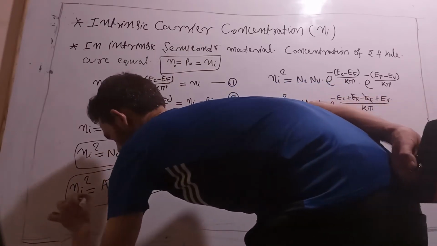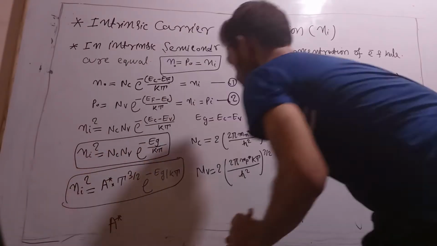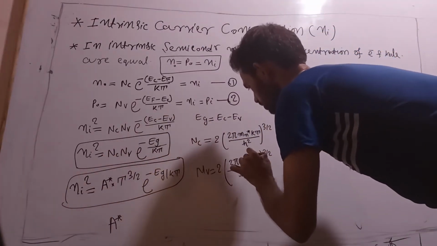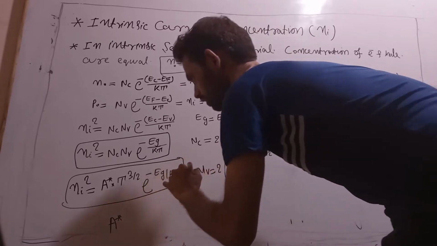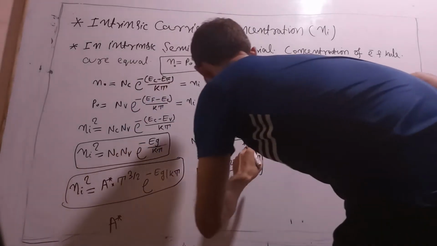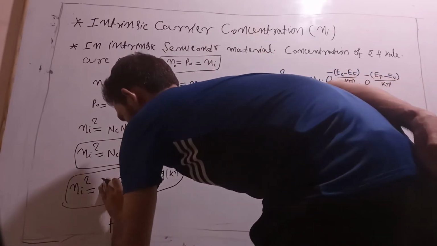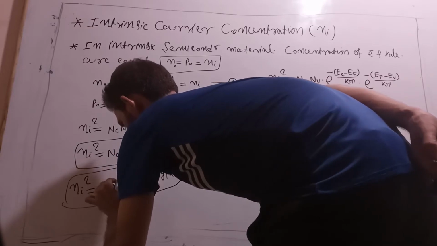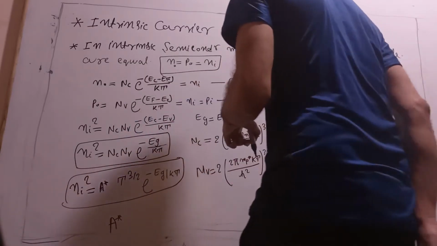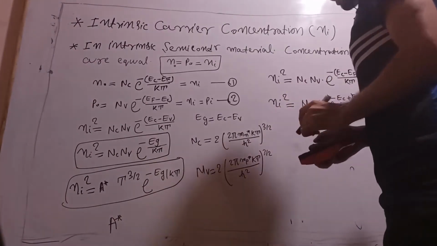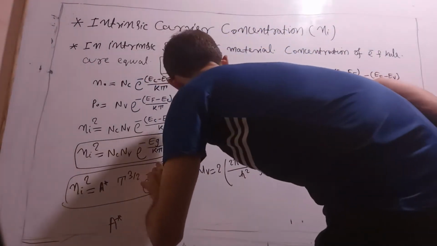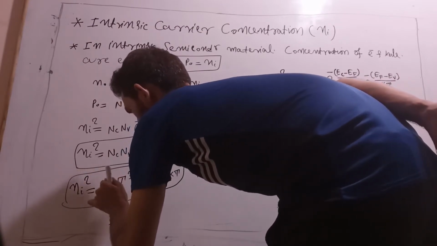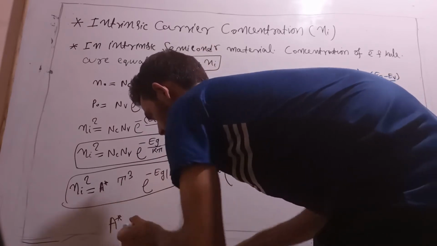Here Nc Nv gives T cube, so this is A star T cube.